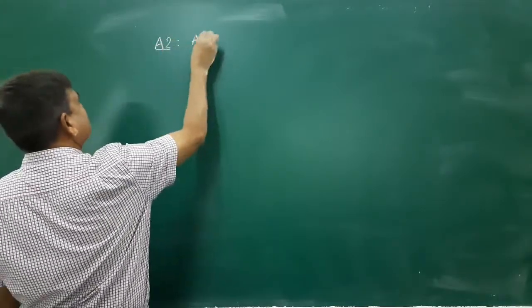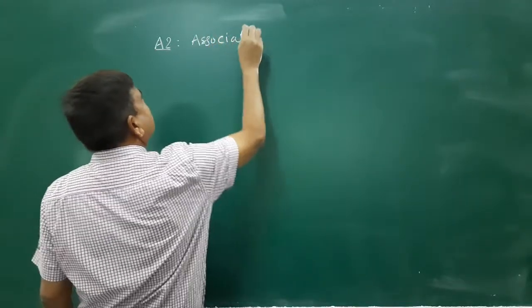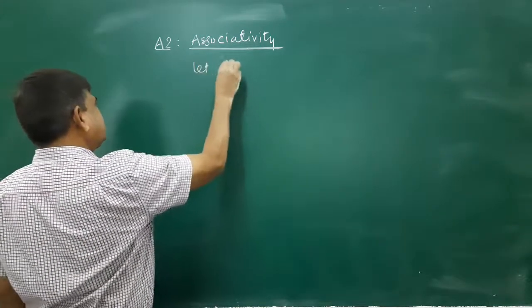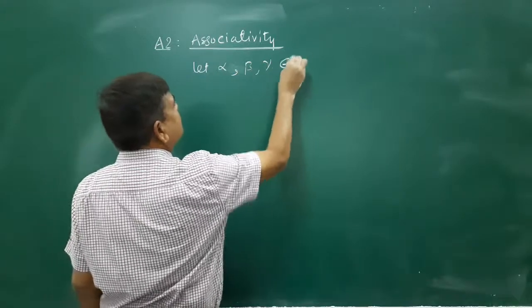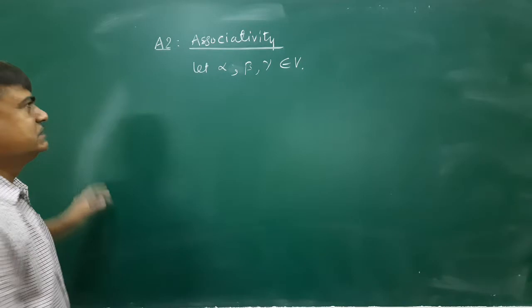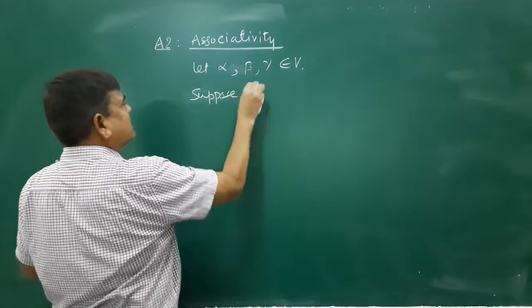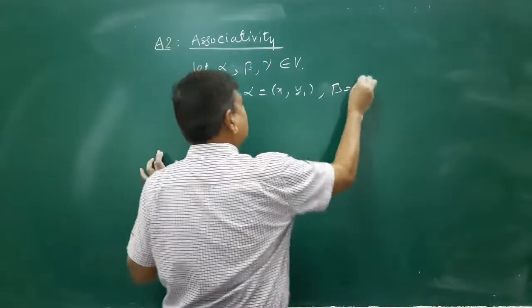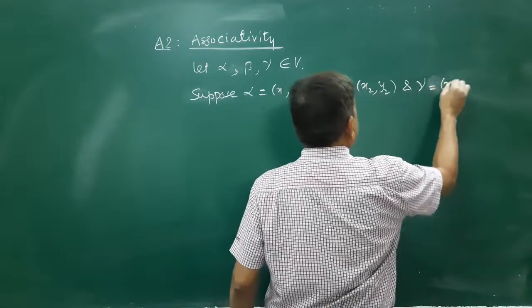A2 property: associativity. Let alpha, beta, gamma belong to V. Suppose alpha is x1 y1, beta is x2 y2 and gamma is x3 y3.